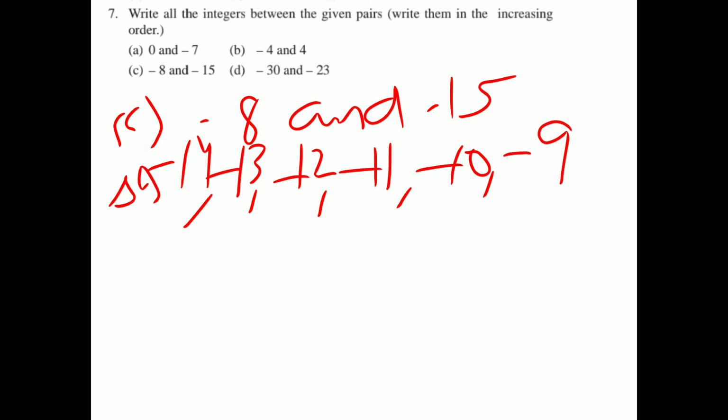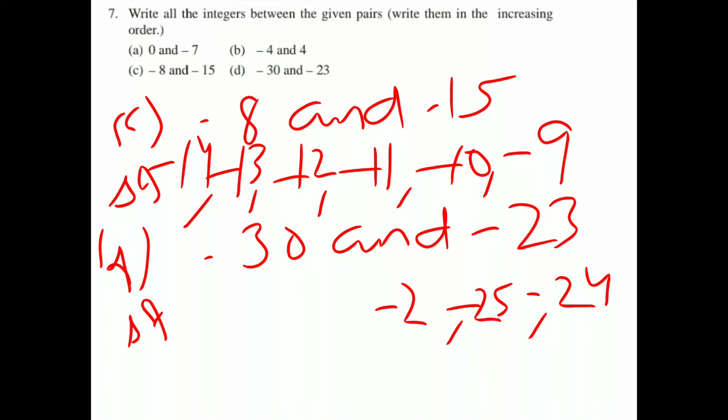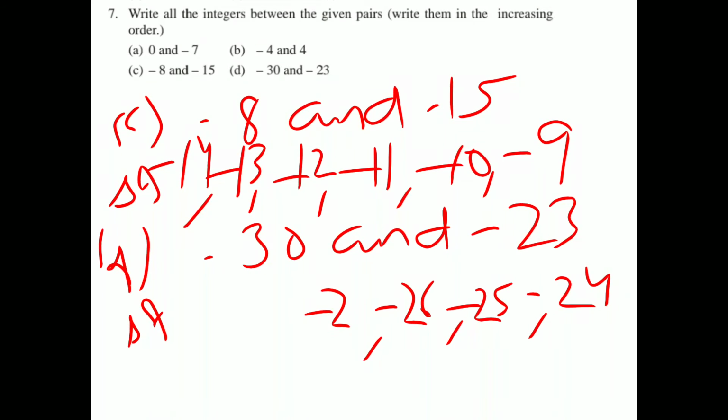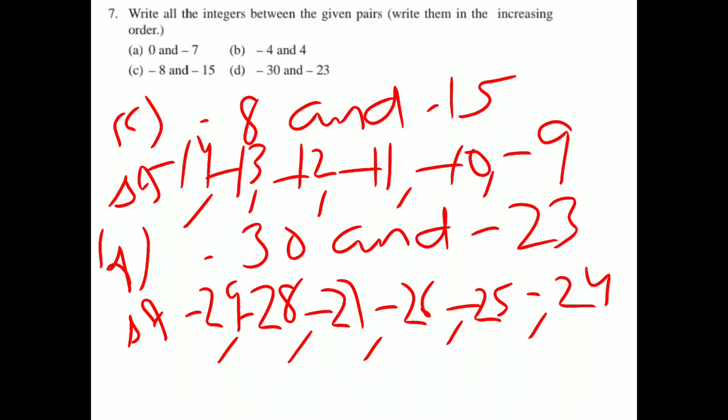Clear? In D part, all the numbers which come between minus 30 and minus 23, it will be 24 only: minus 24, minus 25, minus 26, minus 27, minus 28, minus 29. This is the answer. Clear?